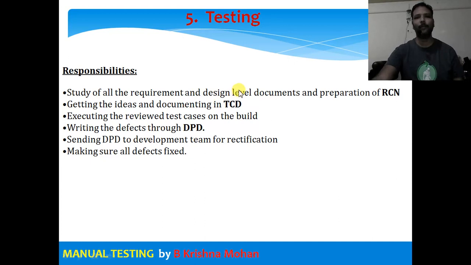Studying all the requirements and design level documents and preparing the RCN, requirement clarification note, getting the idea and documenting. Preparation of the test cases and scenarios, then executing the reviewed test cases on the build, and writing the defects in the defect profile document.